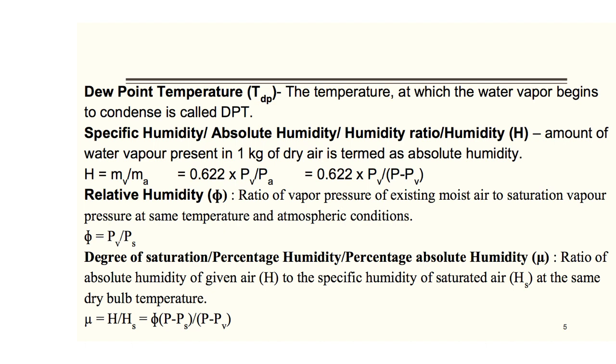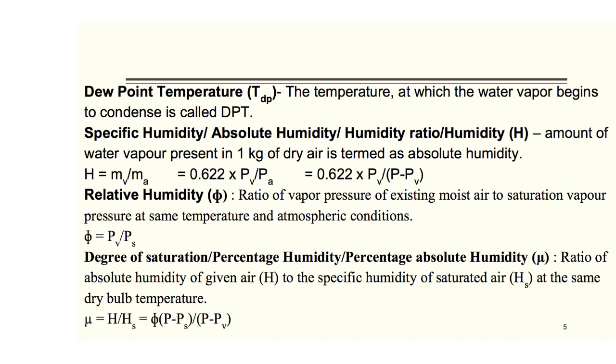Next property is degree of saturation. As the name suggests, it is the ratio of absolute humidity of given air to the specific humidity of saturated air at the same dry bulb temperature. Meaning the humidity of given air divided by humidity of saturated air. So mu equals H divided by HS.